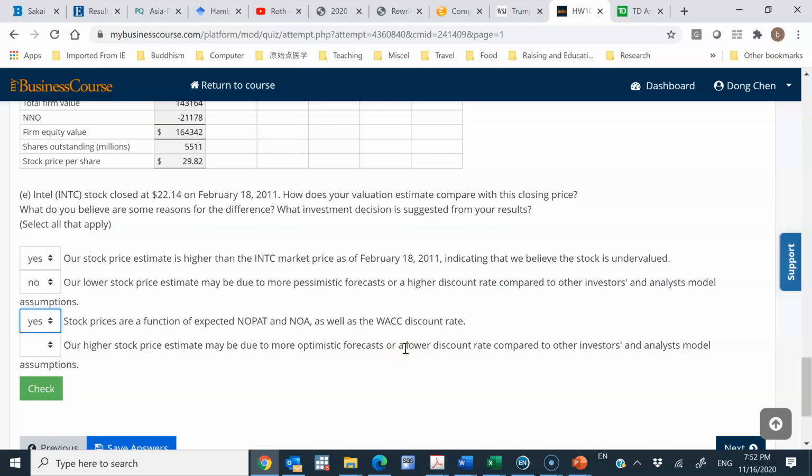So the reason we get a higher intrinsic value of the stock compared with the actual price might be driven by our more optimistic assumptions. Those optimistic assumptions may be due to either a higher cash flow or a lower discount rate, right? Both will drive a higher intrinsic value. So this is true.